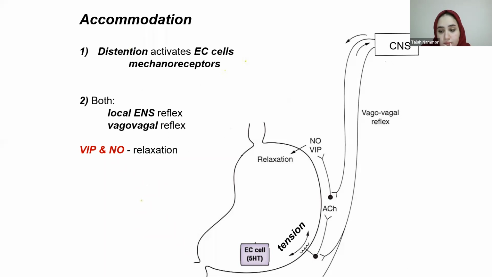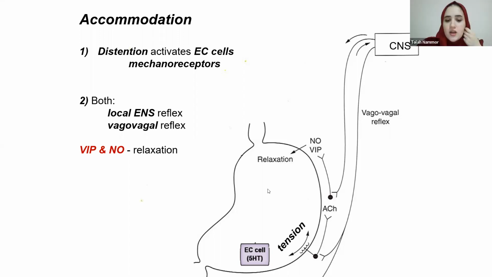Technically it's the same thing. It's just that the serotonin is released. It can either go to the vagus nerve or the local enteric nervous system cells. You get me? So the vagus nerve is going to release the NO-VIP, right? The ENS. Okay, guys, look, focus with me. I got confused.